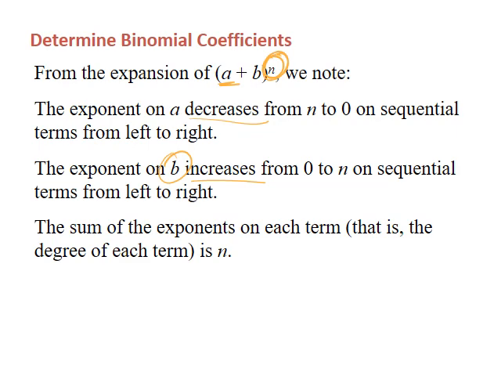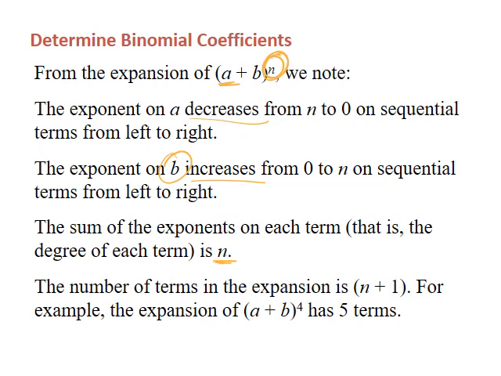You may have also noticed that the sum on each term is the degree. And finally, the number of terms is important to notice. The number of terms is n plus 1. So if I have an exponent of 4, when I expand this, I will have 5 terms.